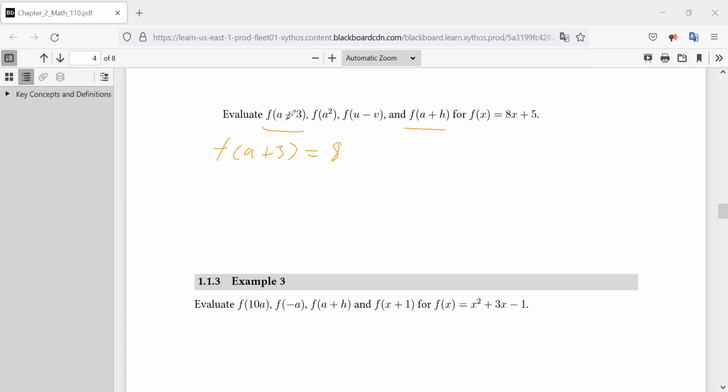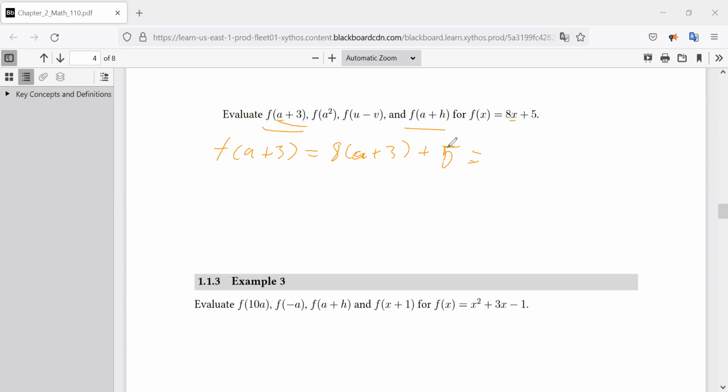No. Well, so everywhere we see x, we won't have x in there anymore, right? Because we have a now instead of it. Everywhere we see an x, we replace it with a plus 3, right? So 8 times x becomes 8 times a plus 3. And then we still have that plus 5.